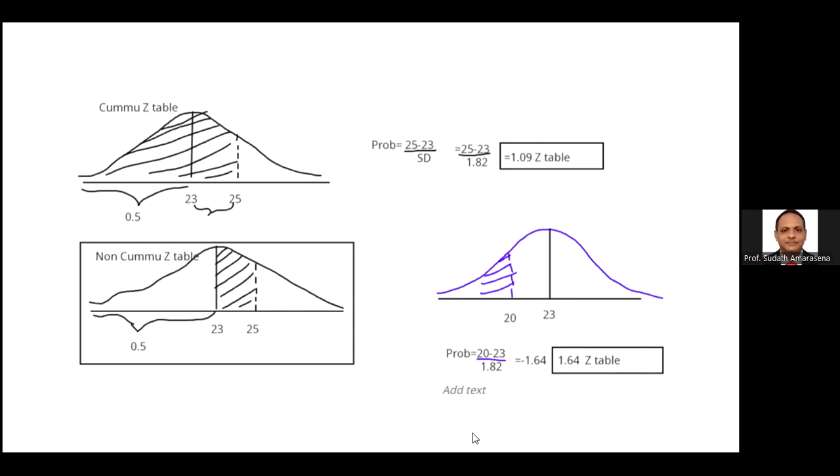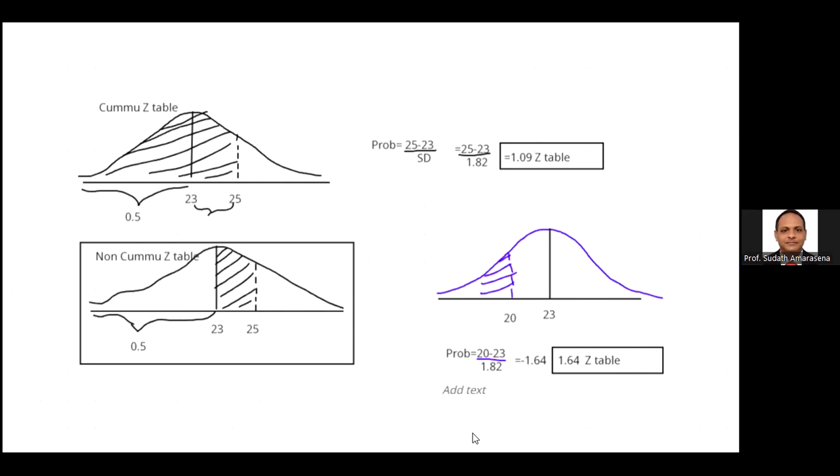If you use a non-cumulative table, how can you get the probability value? With a non-cumulative table, we should subtract from 0.5 only. Non-cumulative means 0.4495.